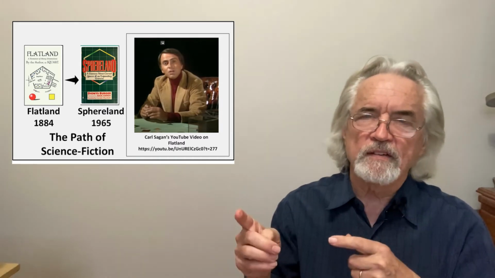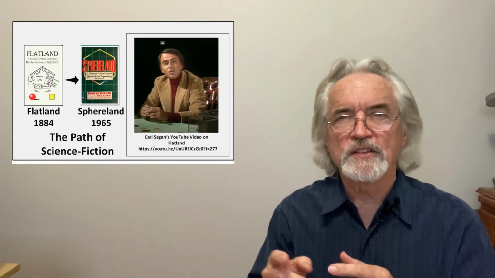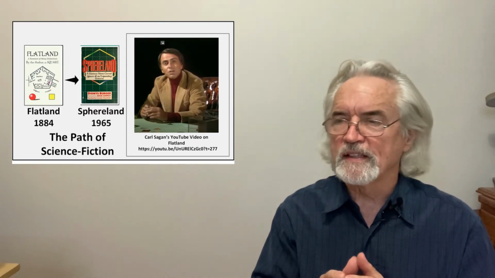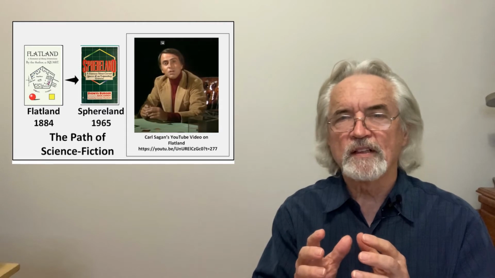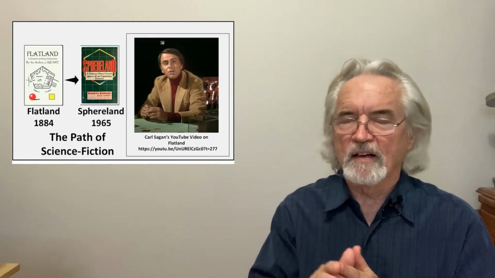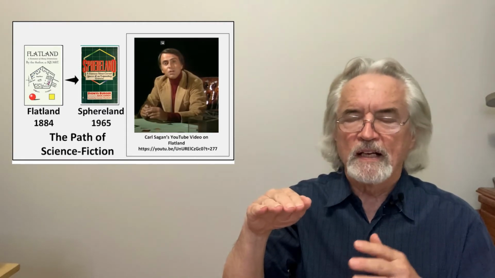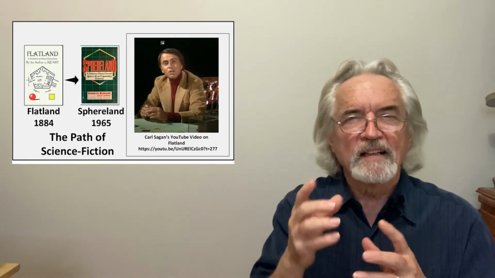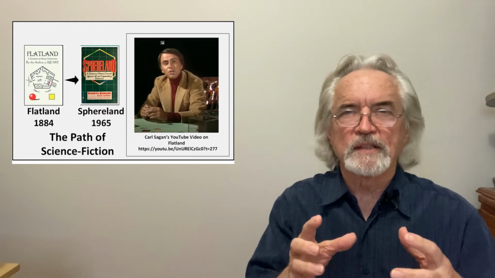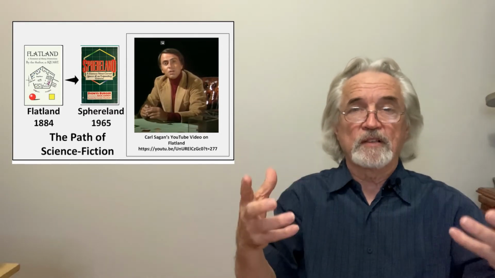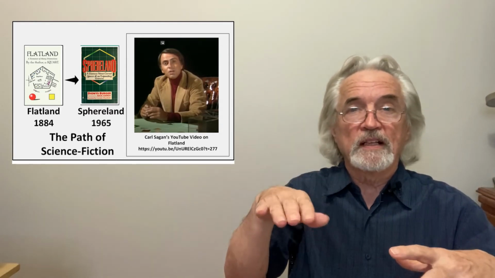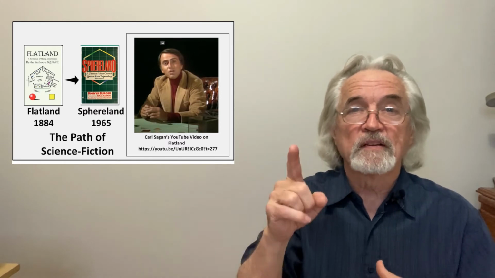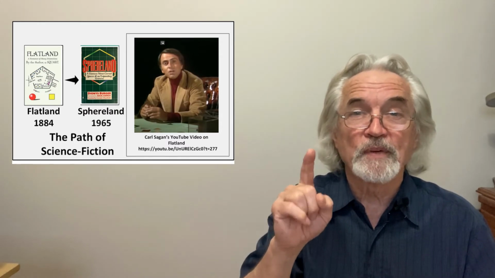So this is the other series. This is a science fiction series. And the difference is that this series imagined a flat universe where all the creatures are totally flat. The way it's all set up is that people like us, three-dimensional creatures, are looking down on Flatland, and we think we see what they're missing.